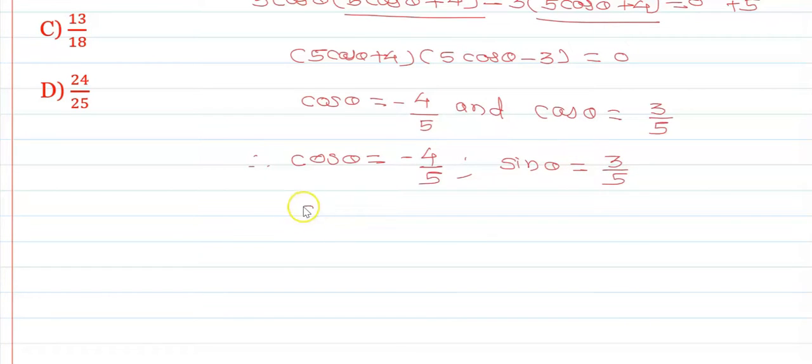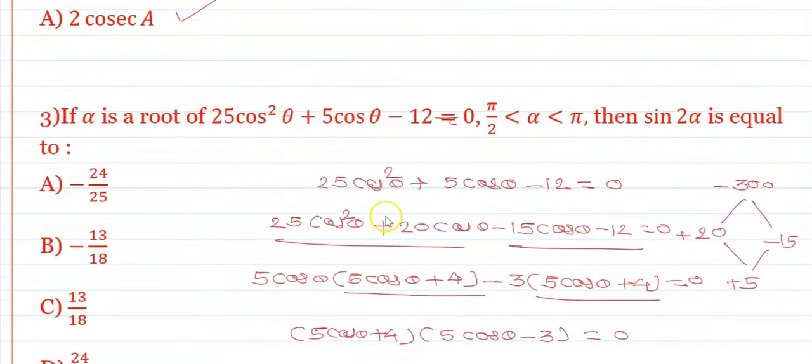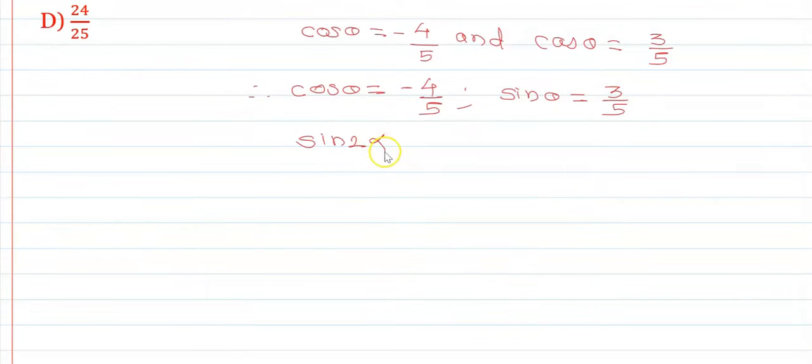Now what is the sine of 2 times theta? This is the sine of 2 times theta, or alpha. Sine of 2 times alpha is equals to 2 sine alpha into cos alpha.